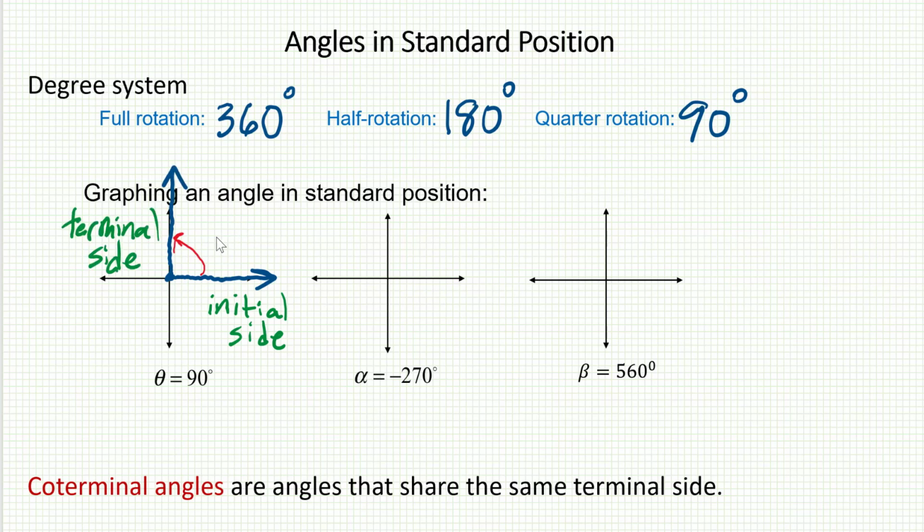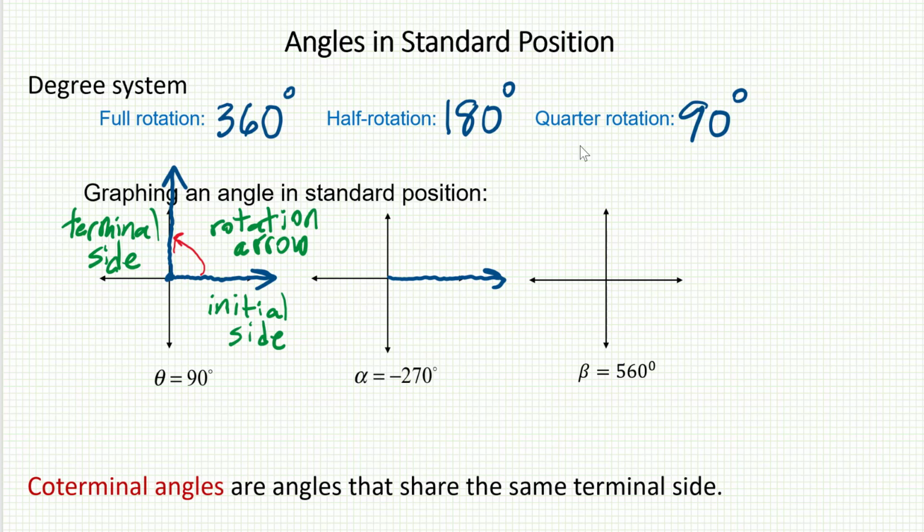The little red arrow is called the rotation arrow, and it's very important because it communicates the amount and direction of the rotation. Let's try another example. The second example says alpha equals negative 270 degrees. I'll put my initial side always along the positive x-axis.